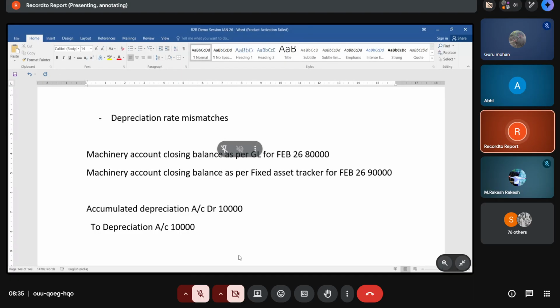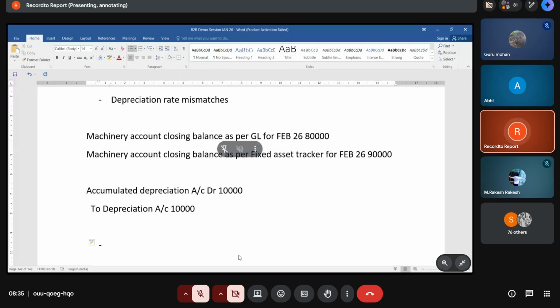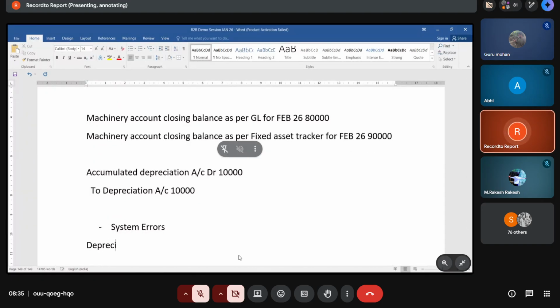Okay. So sometimes, as I told you, system errors: depreciation is not completely run. The depreciation run is unsuccessful.